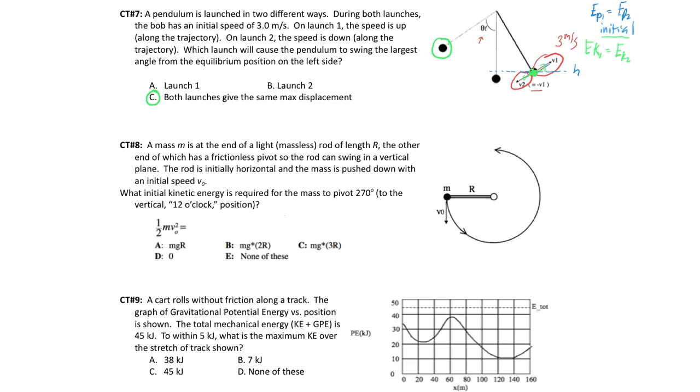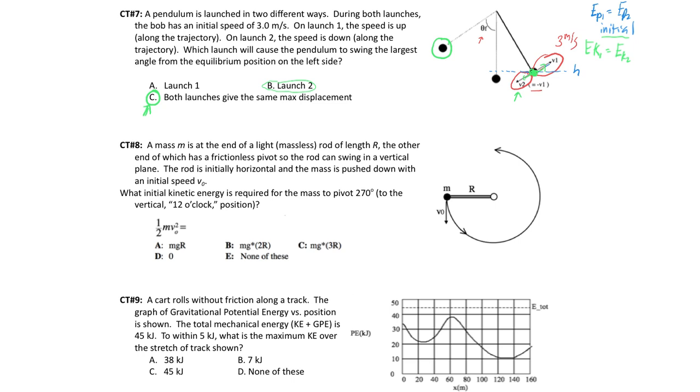It'll lose more energy, more work will be done on it, and so therefore it won't go as high. So our answer is going to change based off of that. So if there's no air resistance, the answer is that they both go the same angle. If there is air resistance, then the one where it's swung down, launch 2, would have a larger distance just because there will be less air resistance there.